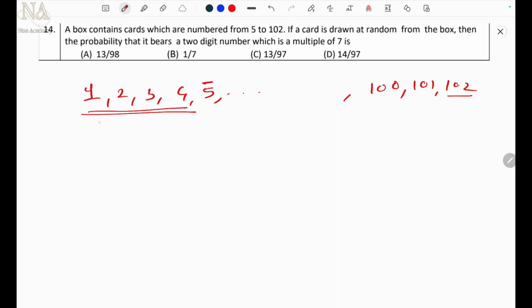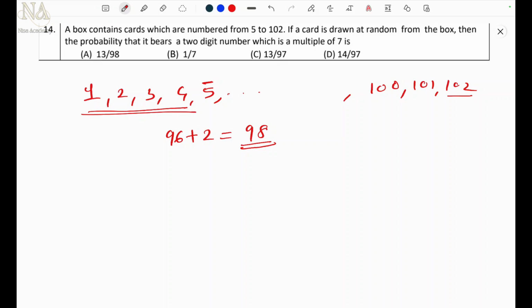So now from this 100 numbers, if I subtract these 4, so how many are there? 96 total. So 96 numbers plus these 2, 101 and 102. So total how many numbers are there? Yes, there are 98.